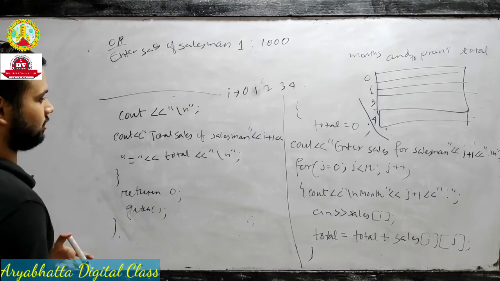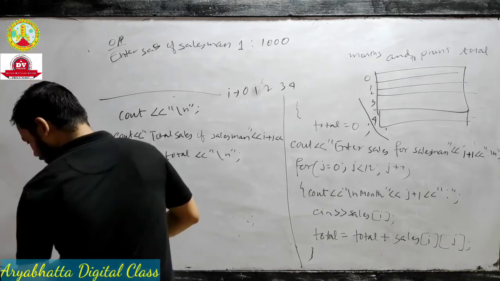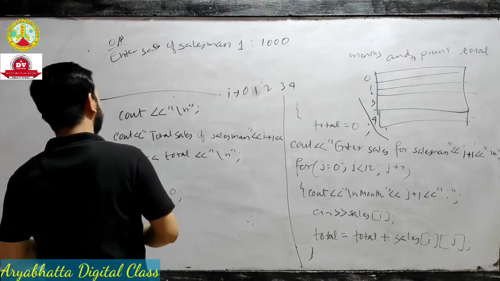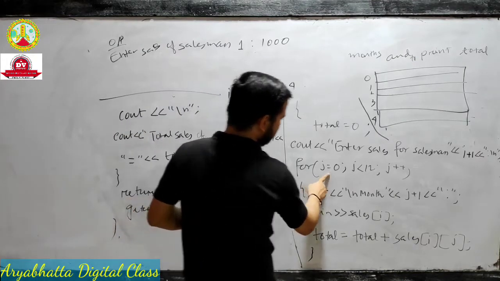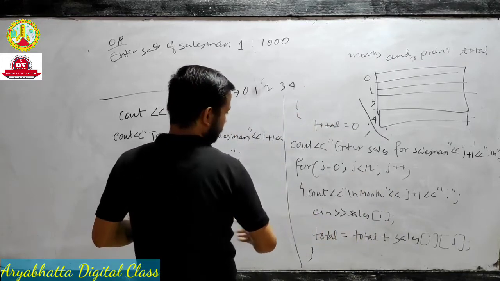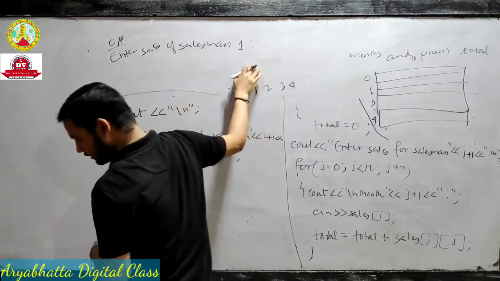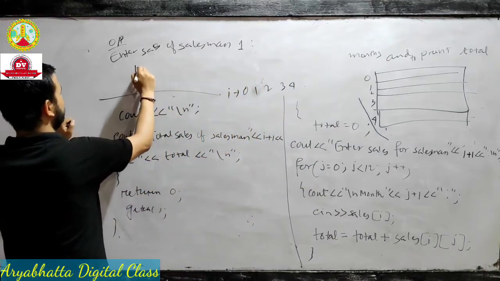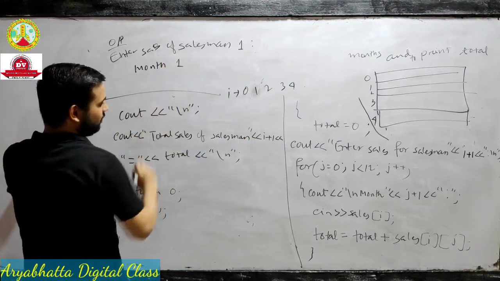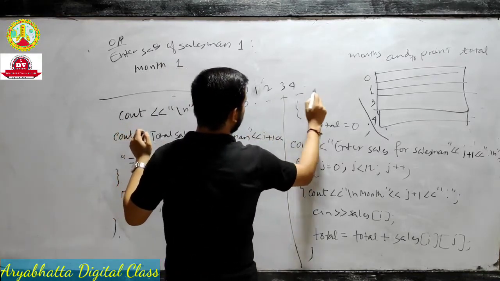For month 1, for enter sales of salesman 1, here j is equal to 0, j less than 12, j plus plus, this is for the month. With j plus 1, your output is coming like that: enter sales of salesman, month 1.